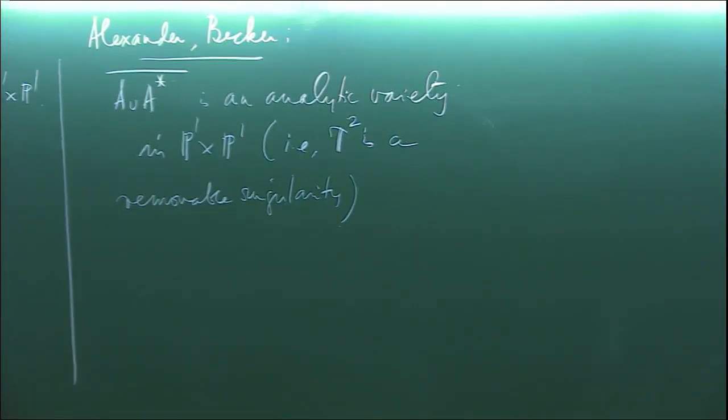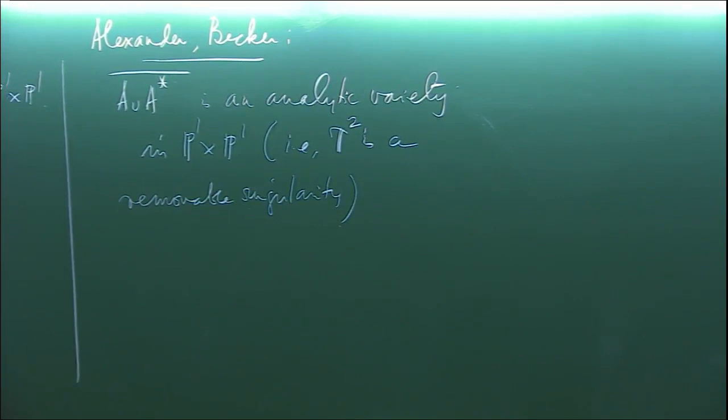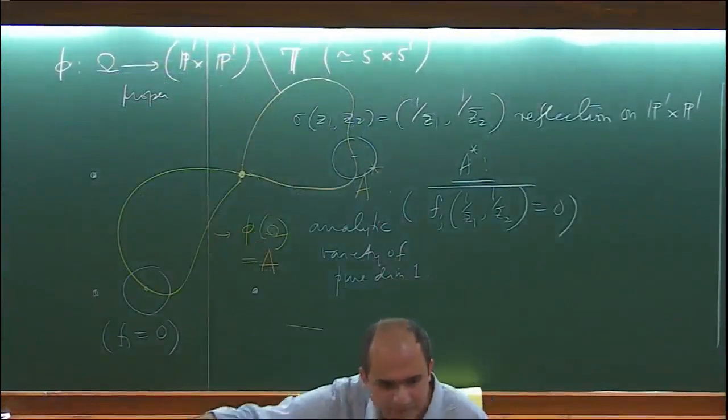T2, this is a real two-dimensional manifold. And in fact, you can check that as a subset of P1 cross P1, in this ambient space, this is a totally real set, a totally real manifold. There are no complex tangencies. On the other hand, your variety has a complex tangent everywhere at all of its regular points.